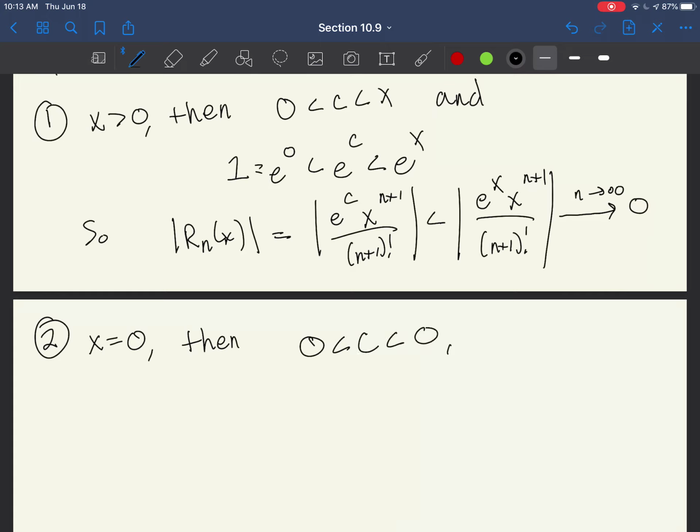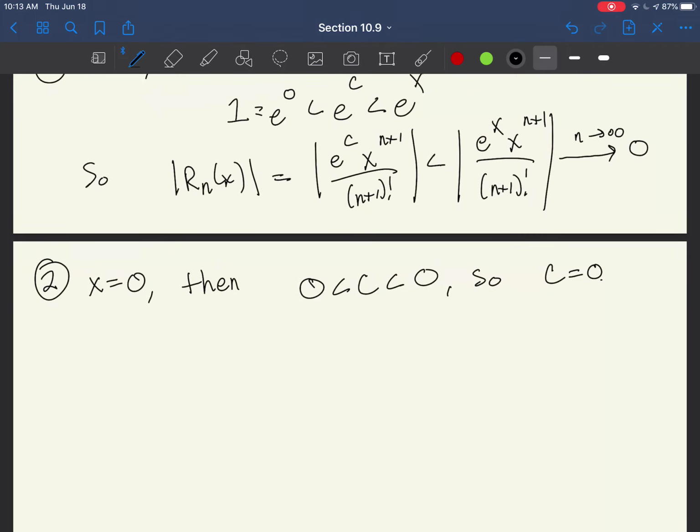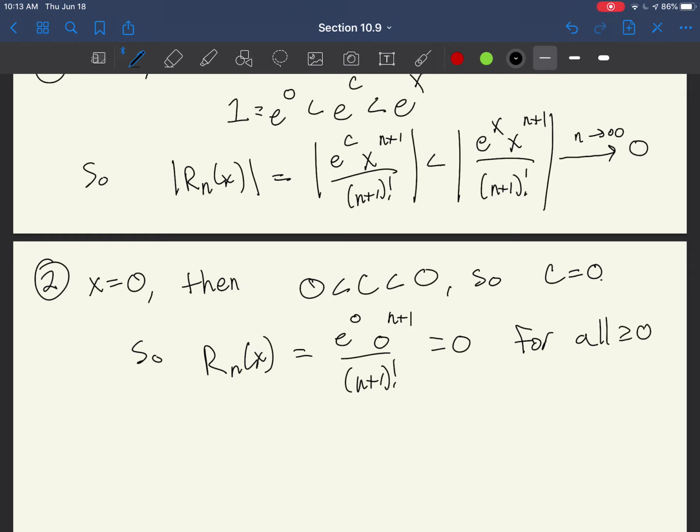If x equals 0, then we have 0 is less than c is less than 0. So c has to equal 0. So Rn of x equals e to the 0 times 0 to the n plus 1 over n plus 1 factorial equals 0.